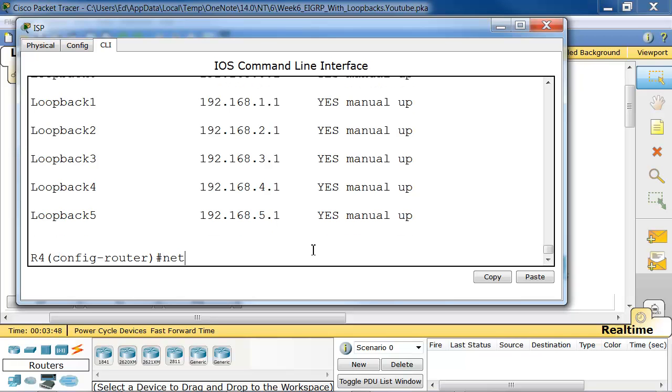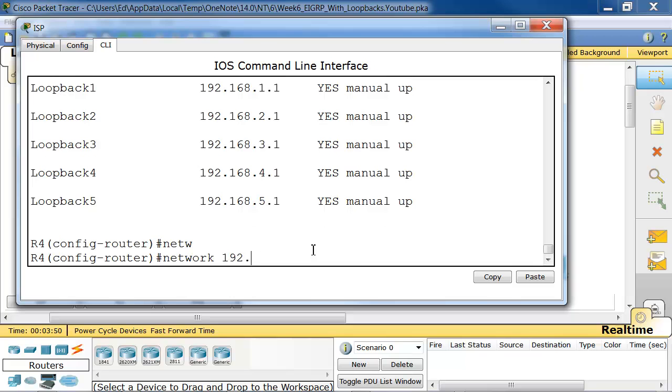And so what I'll do is network 192.168.0.0 with a mask of 0.0.255.255. All that basically says is it must be 192, must have 168, and then I don't care about any number after that. So that activates all the interfaces with EIGRP.